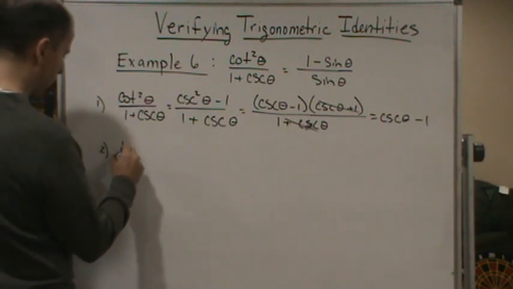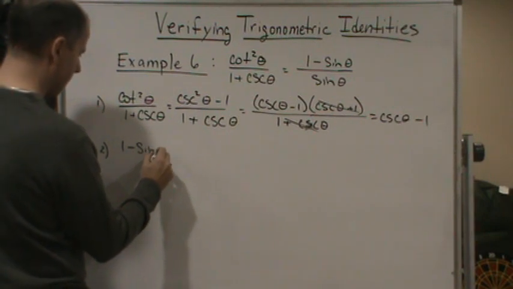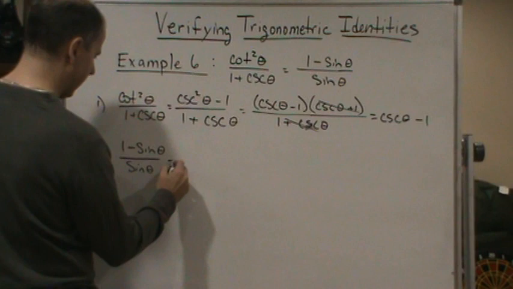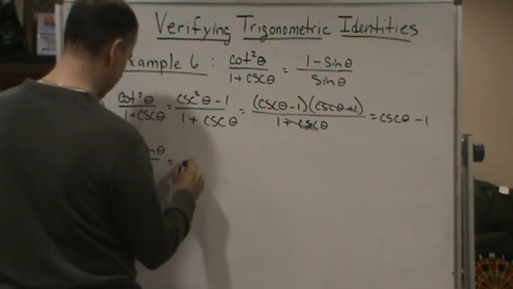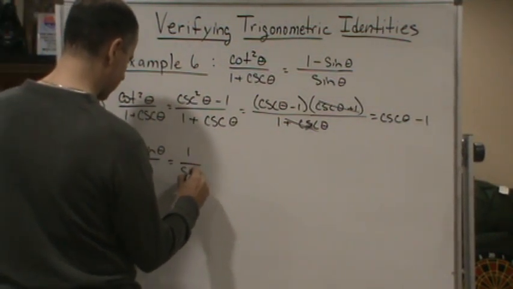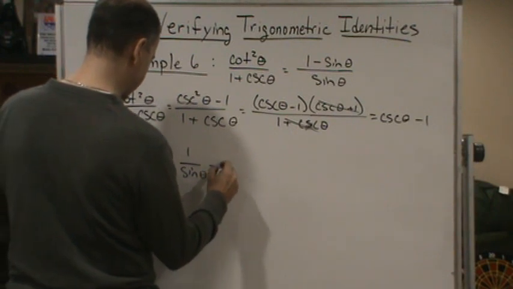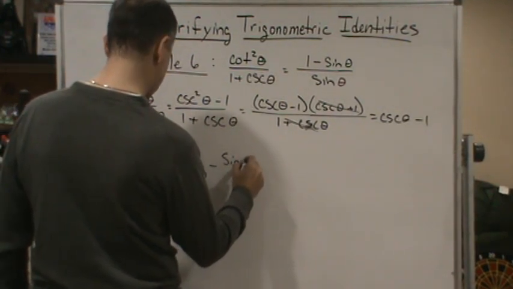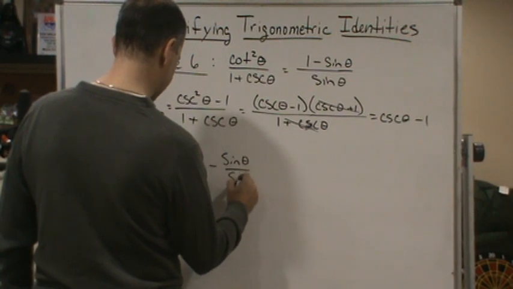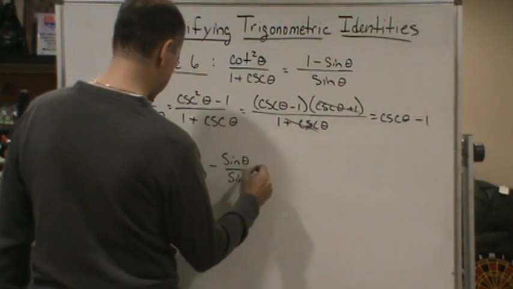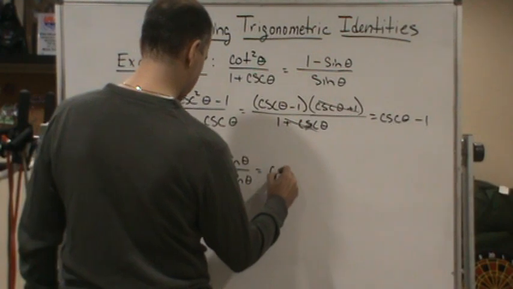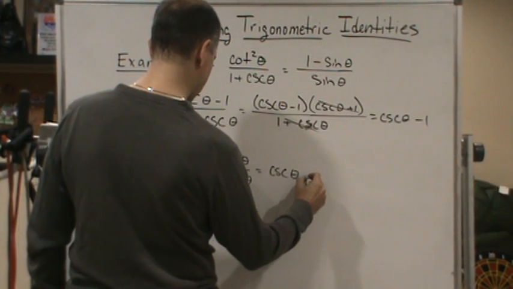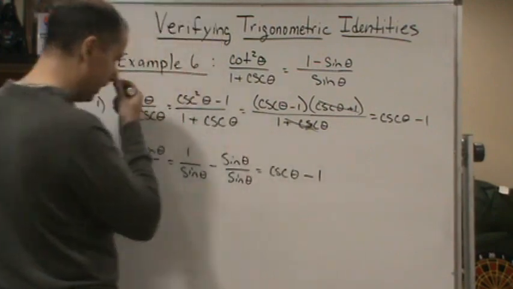So now I'm going to do 1 minus sine theta over sine theta, and I can split this up into two fractions. So this is going to be 1 over sine theta minus sine theta over sine theta, and this gives me cosecant theta minus 1, and I get the same thing.